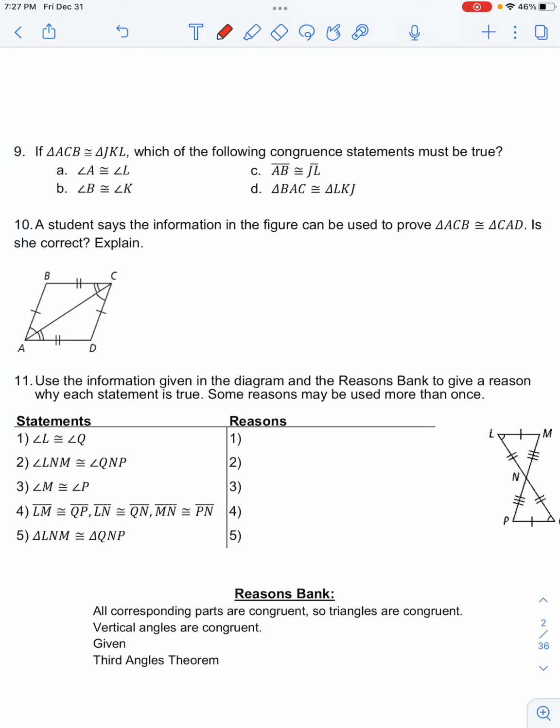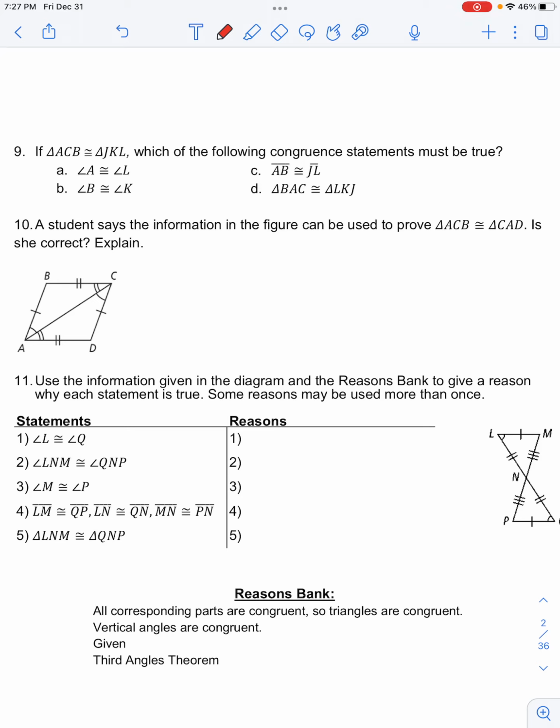Okay, number 10 in your classwork for congruent triangles tells you that the information in the figure, we want to find if the information in the figure can be used to prove that triangles ACB and CAD can be congruent, and explain.